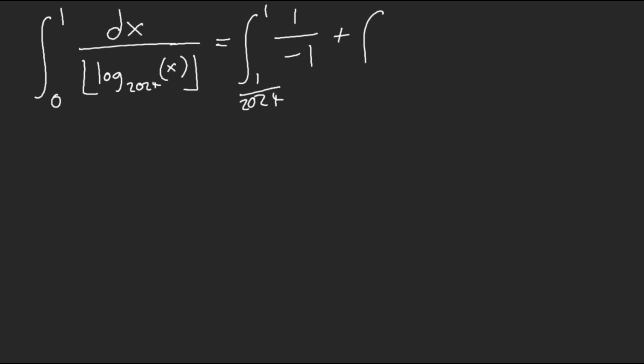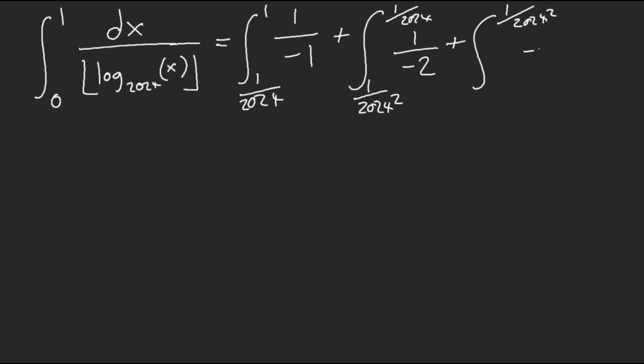How about negative 2? We need 1 over 2024 squared, right? And if we want negative 3, we're going to need 1 over 2024 cubed.